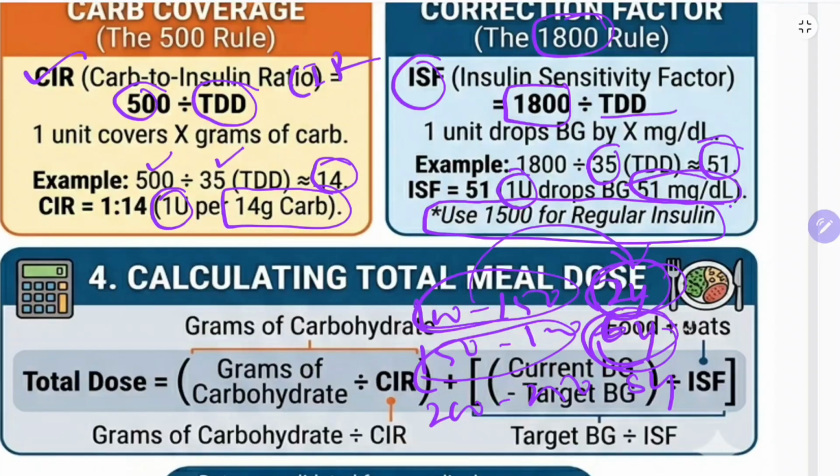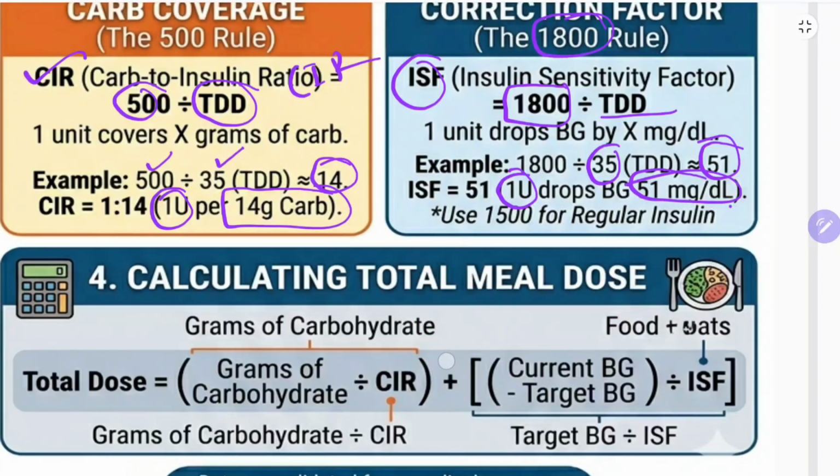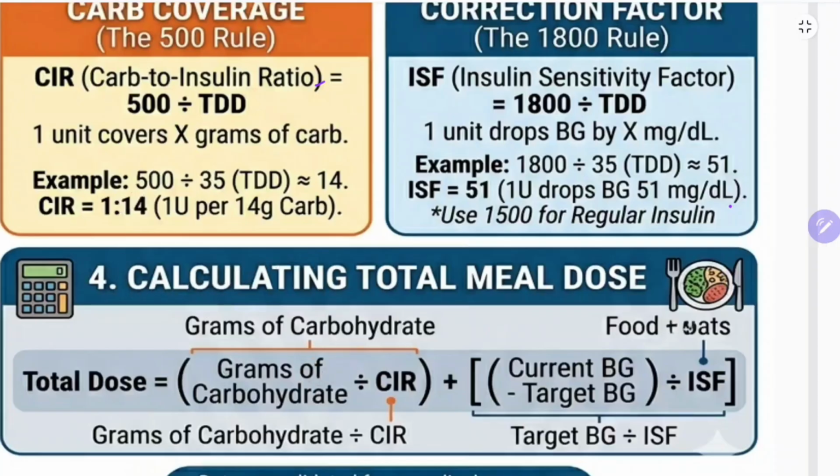So now the guidelines are stressing don't use a fixed dose of insulin. Instead, you calculate a total meal dose depending upon the grams of carbohydrate consumed by the patient. That is the main thing which the modern guidelines suggest.